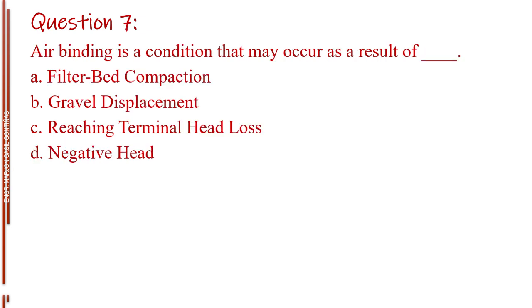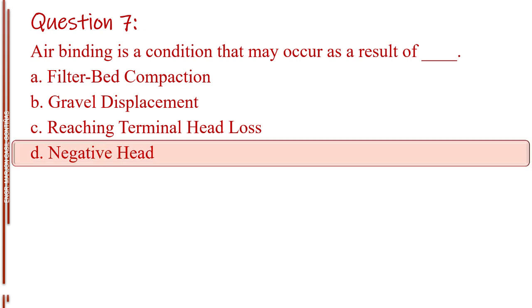Question number 7. Air binding is a condition that may occur as a result of blank. Letter A, filter bed compaction. Letter B, gravel displacement. Letter C, reaching terminal head loss. Letter D, negative head. The answer is letter D, negative head.